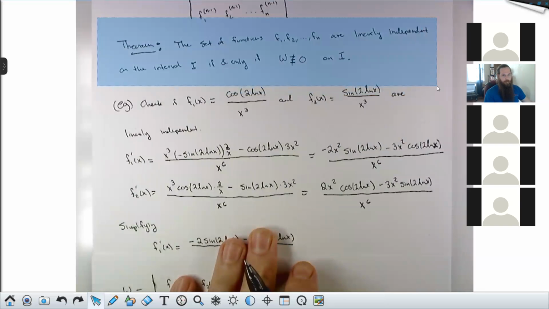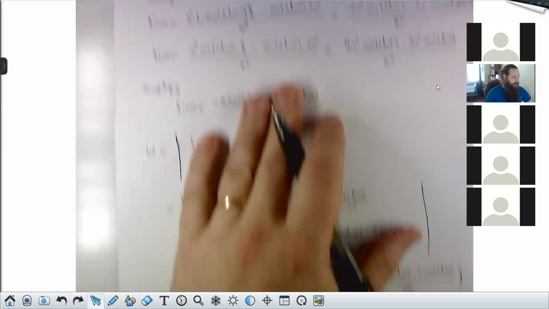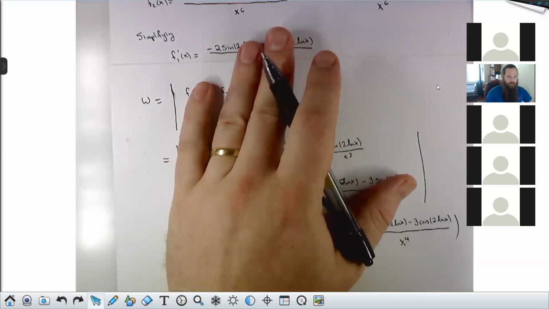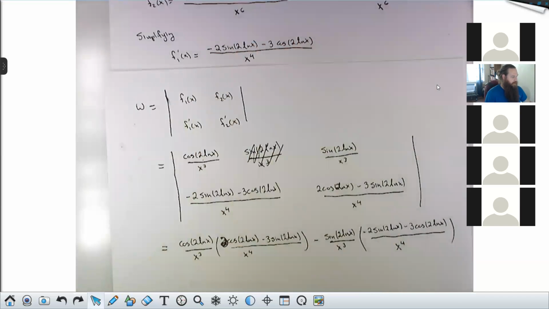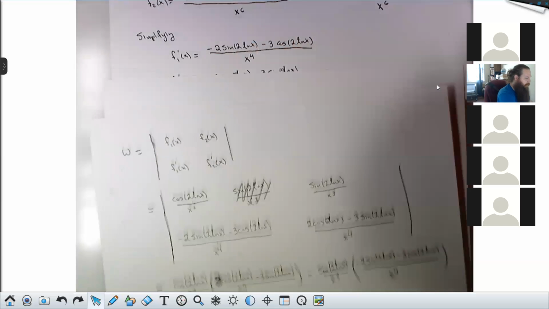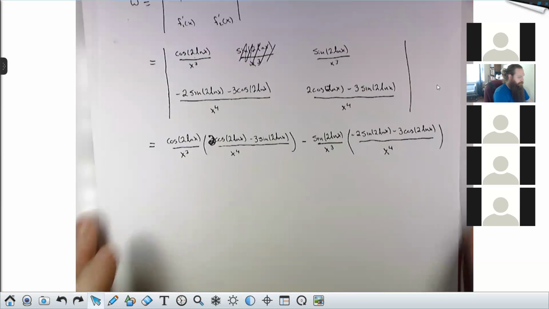These are linearly independent as long as the Wronskian is not identically 0 on I. So I don't need to know the Wronskian as a function necessarily. I just need to know if it's always 0 or not always 0.